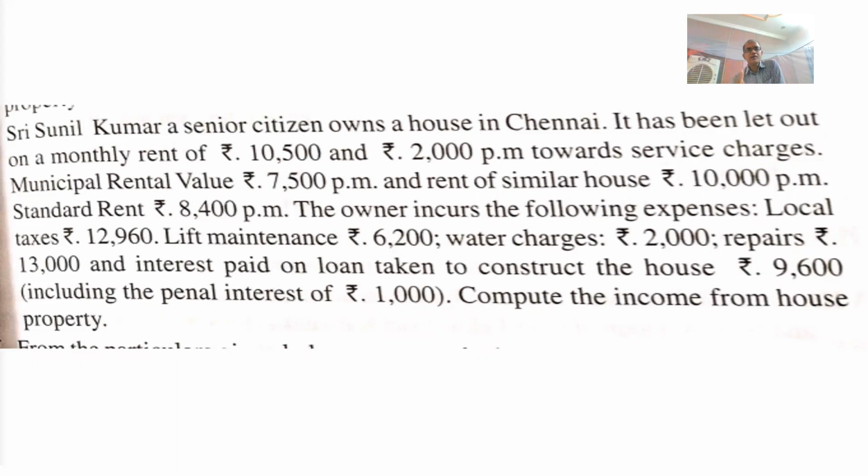And from that, under section 24, the deductions you are going to allow: one is standard deduction of 30% on NAV, and next is interest on housing loan. That's all. It is a very, very simple problem. Anybody can do it. Don't miss the problem in examinations. Is it clear? Did you understand?